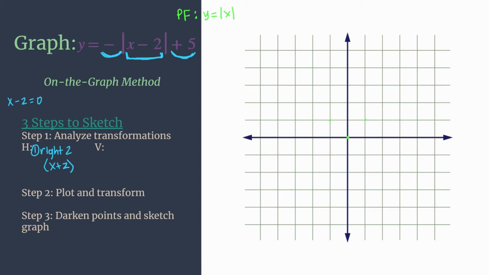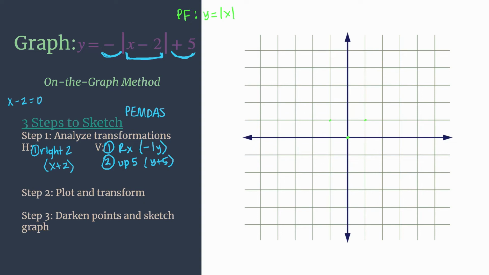Okay, and in PEMDAS, we know that we should apply multiplication before addition. So first, we will reflect over the x-axis. That's like -1 times y, or just negative y. And then second, we'll move up 5, or y plus 5. Okay, so now we have all of our transformations, and we're ready to move to step 2, plot and transform.